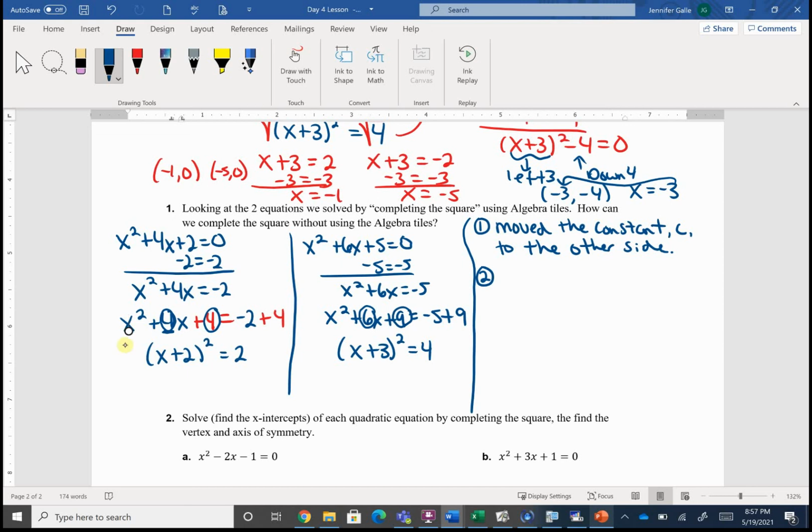So find half times b. Actually, let's just make this all one step. Find half of b and square it.